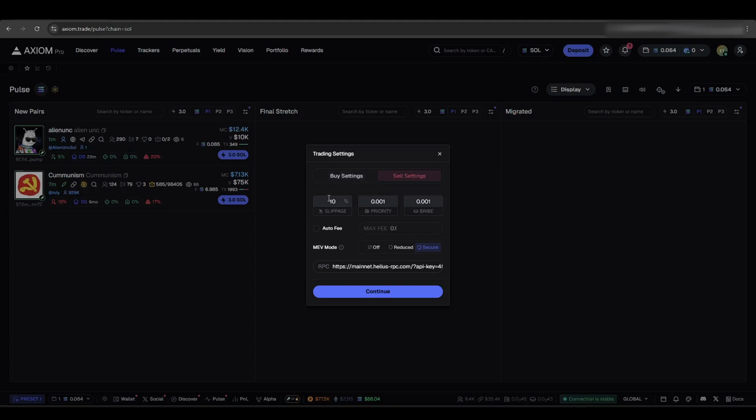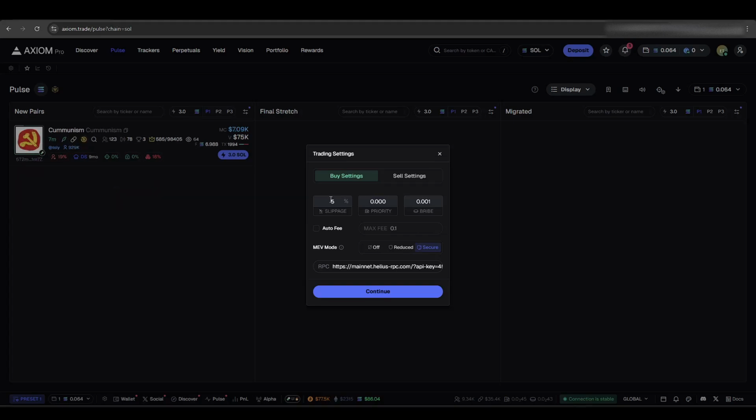That's also why I have a higher slippage here. So when I'm buying, I accept a very low slippage, no priority, and the lowest bribe you can set. And for sell, we have the slippage at 10, priority, and bribe. You can also increase those numbers, but this only makes sense if you trade with a higher volume, right?